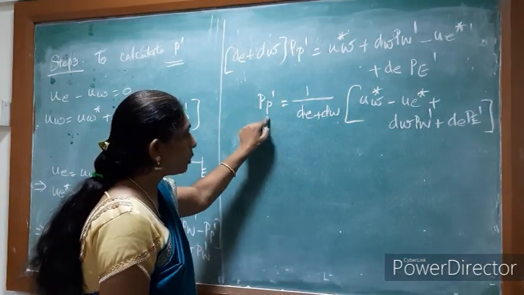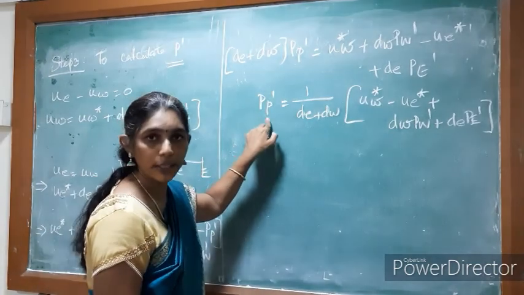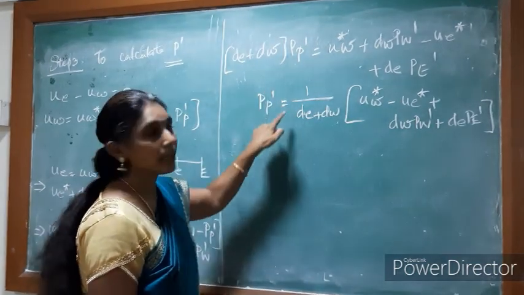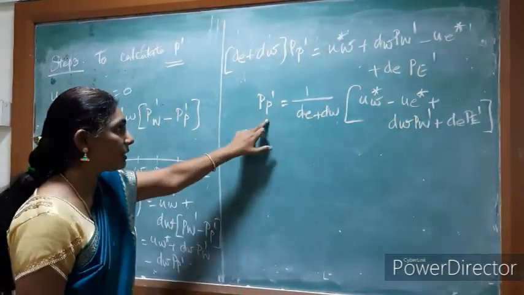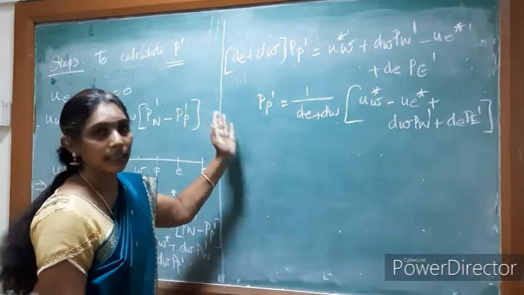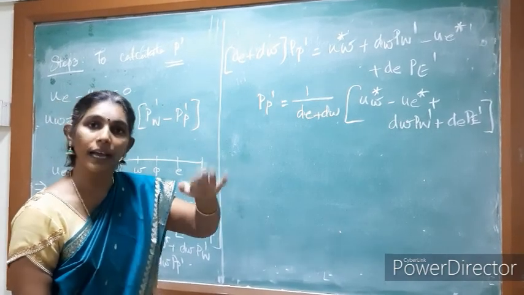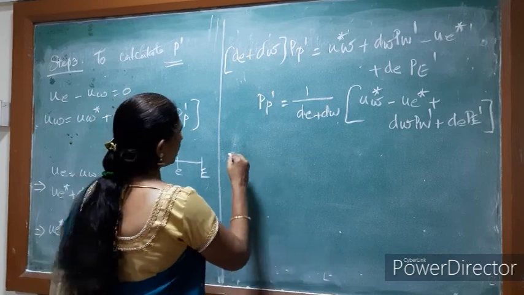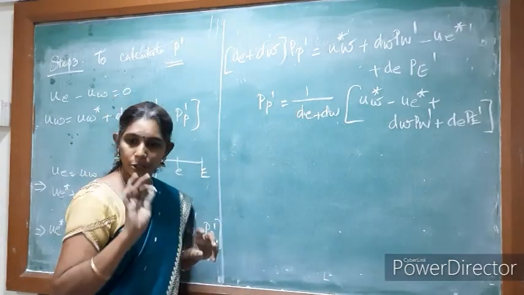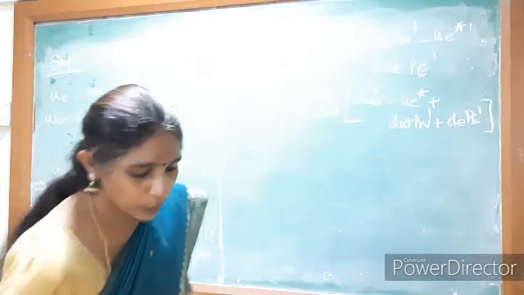So this expression we are going to use for calculating P dash. If this small p is going to be at point 1, then I'll be getting the corresponding correction factor of pressure at point 1, right? If this p is equal to 2, then again the corresponding correction factor at point 2 will be attained. Okay. Now I'm going to take individually both the points, say 1 and 2.